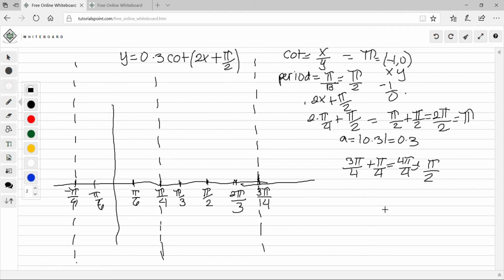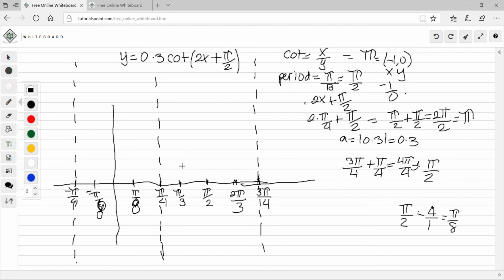So it's pi halves divided by 4, so that's pi over 8. Okay, sorry, this is not pi over 6, this is pi eighths. This should be negative pi eighths. And how I got pi eighths is you take the period and divide it by 4. So that's how you get pi eighths.